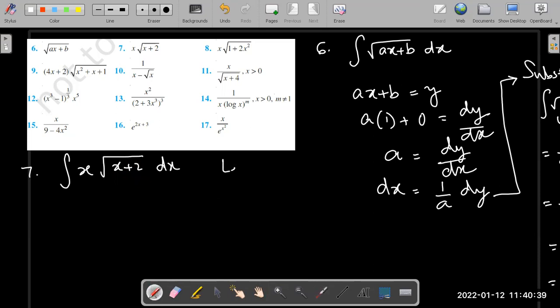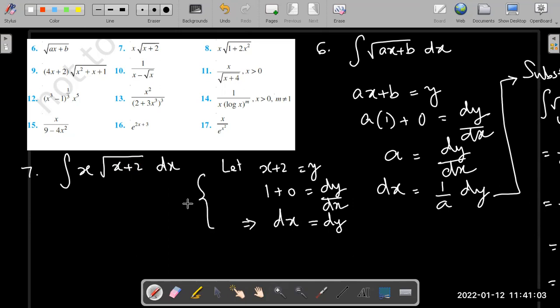Let x plus 2 equal y. Differentiate both sides. You will have 1 plus 0 equals dy by dx. So that implies dx equals dy.